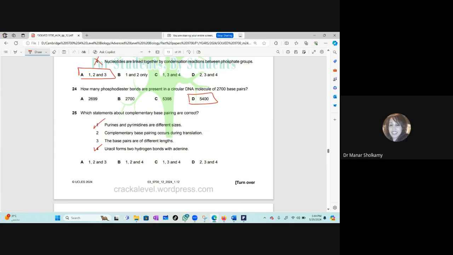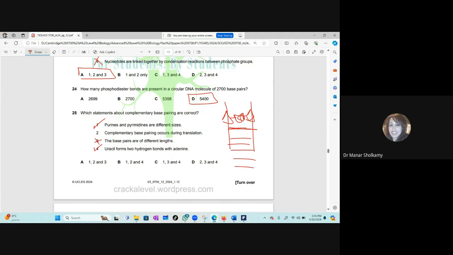Now, which one is wrong? Two or three? Three, I think, but I'm not sure. Three is wrong. Because in complementary base pairing, the base pairs have to be of the same length so that the DNA is constant throughout the whole length of the DNA.